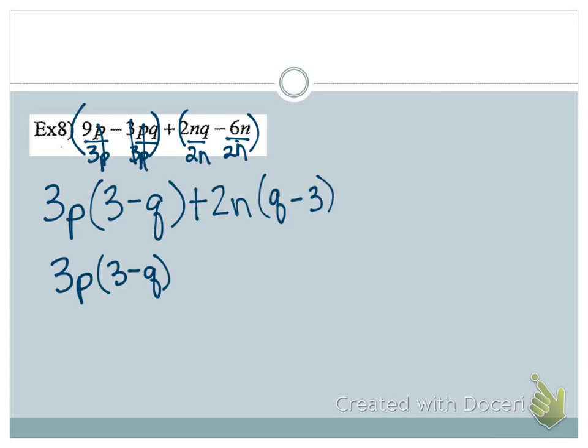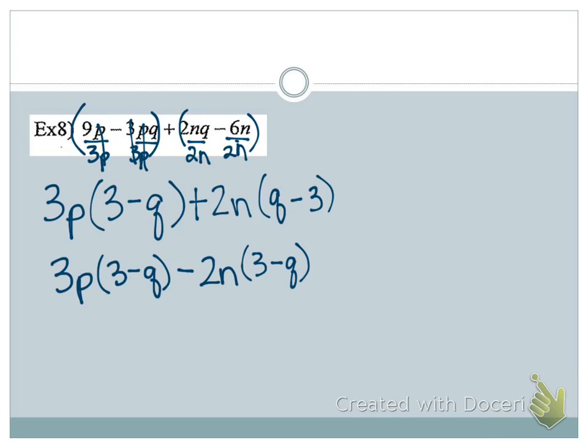The sign in the middle changes to a minus 2n. And then in the back, the signs are also changing. So my q becomes negative, and I'm going to move them to the back. The 3 becomes positive, and I'm going to move it to the front.